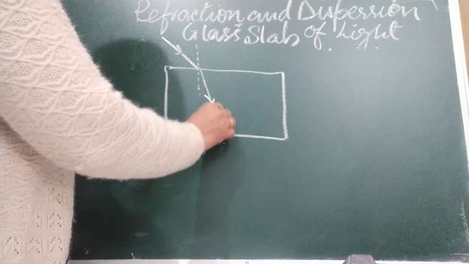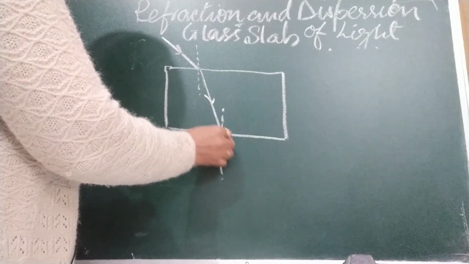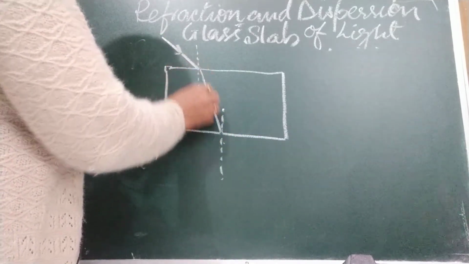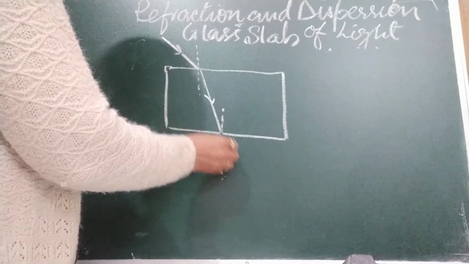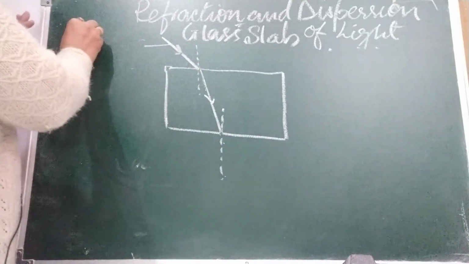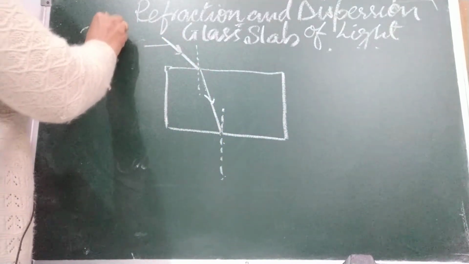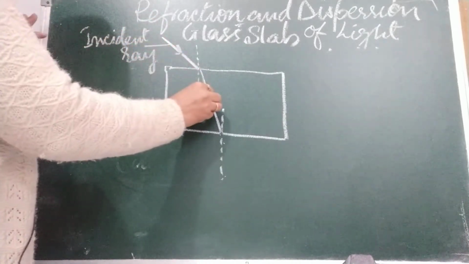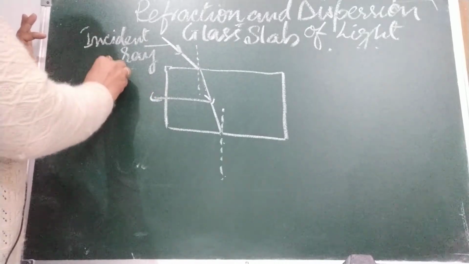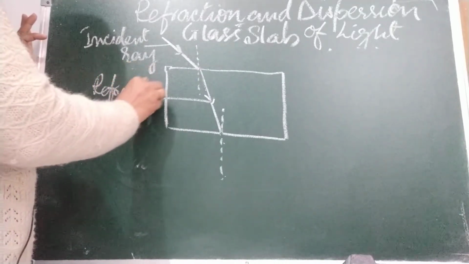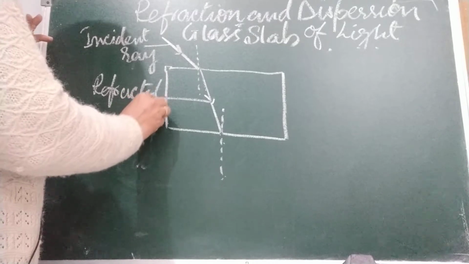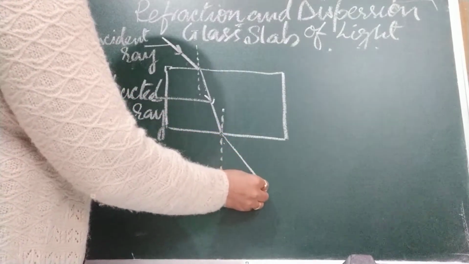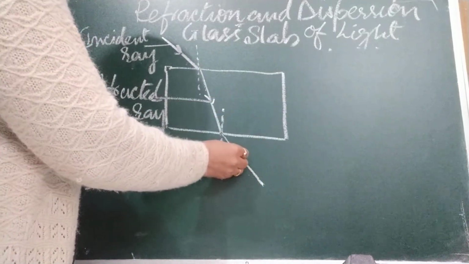Suppose this is the incident ray, this is the refracted ray, and this is the ray which will come out. It will bend away from the normal because it is coming from denser to rarer.